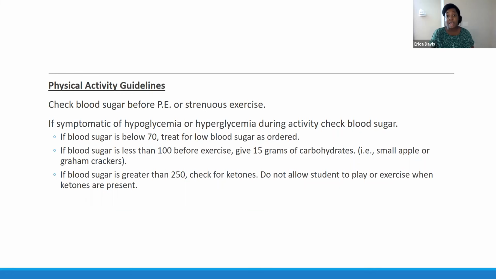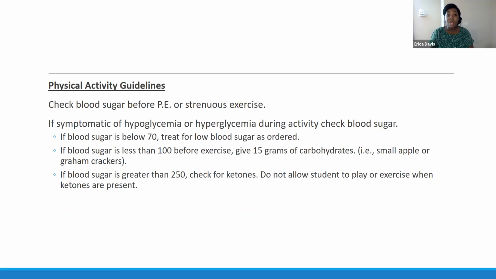So if a parent is saying, hey, my child exercises with ketones all the time and usually she's fine, we certainly don't want to go with that recommendation, because we know that it's the safest for that child to adhere to these guidelines. If a child's parent wants them to have a blood sugar of 150 instead of 100 before starting physical activity, that's just another example of a specification that might need to be indicated in the 504 plan for that child.